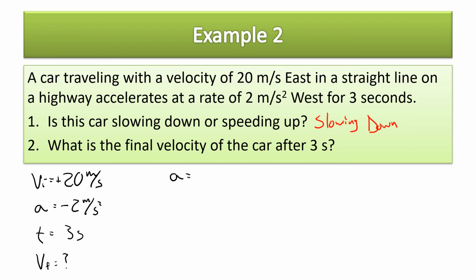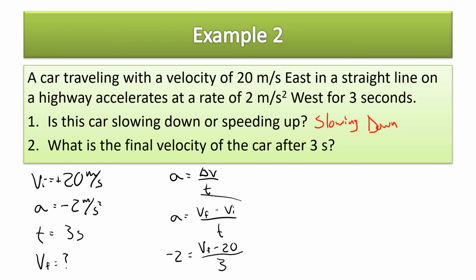So a is equal to delta v over t. a is equal to vf minus vi over t. Then we'll substitute in at this point. Negative 2 is equal to vf, which is what we're looking for, minus 20 over 3. Minus positive 20, right? So don't forget, just because this is positive, don't make this a positive.